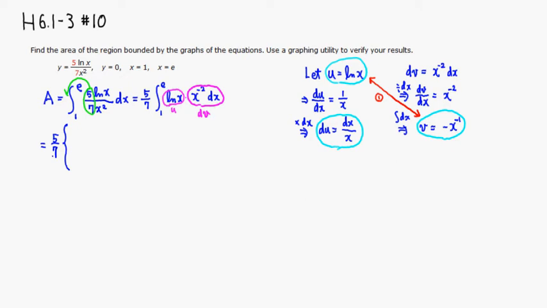Alright, so uv, this times that, so it's going to be negative 1 over x times natural log of x, and then you're going from 1 to e. Subtract, then we need to multiply v du.